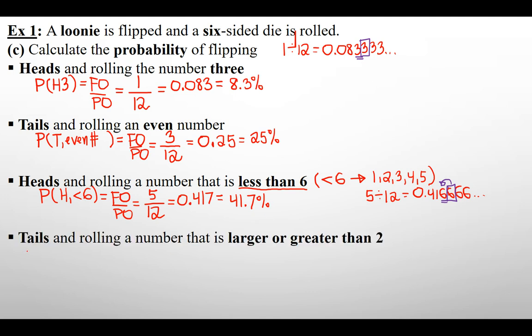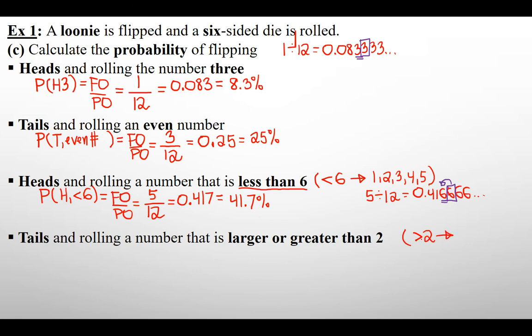All right. What's the probability of rolling a number that is larger or greater than 2? Okay, so we want a number that is bigger. So a number that is greater than 2. The greater than operator looks like this.